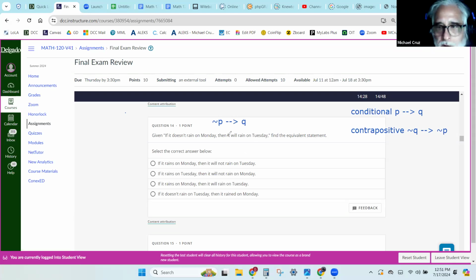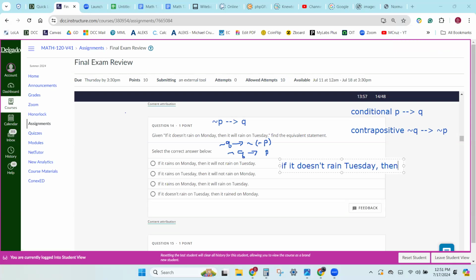So for this one here, it's going to be not Q, then not P. So not Q, not P. That would be if it doesn't rain Tuesday, then it rains Monday.